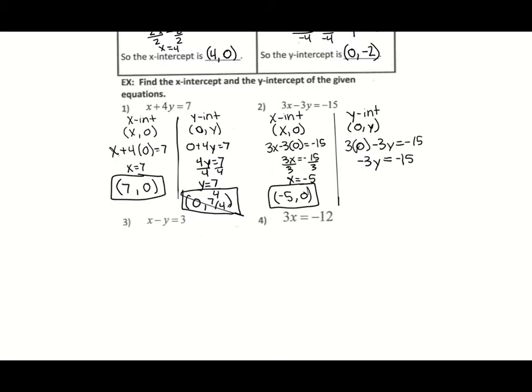Now I have a negative 3 times y. The opposite of multiplication is division. Divide by negative 3 on both sides. Get y equals 5. So that makes my final point 0, 5.